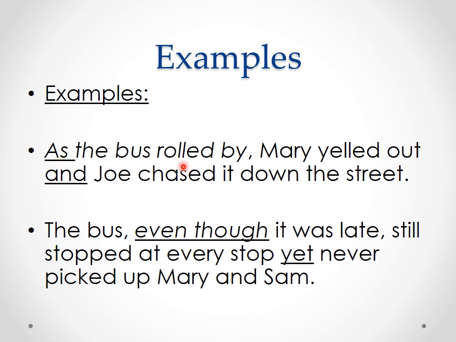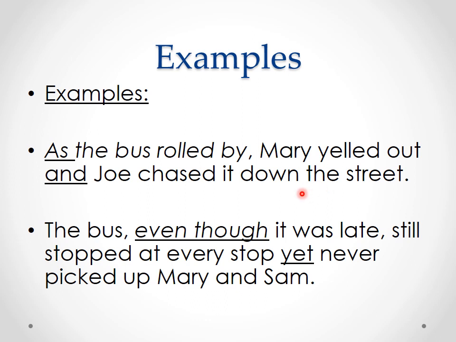"As the bus rolled by" is the dependent clause. Then there are two independent clauses joined by the coordinating conjunction "and." Which are the two independent clauses? "Mary yelled out" and "Joe chased it down the street," as they can stand alone and have meaning.